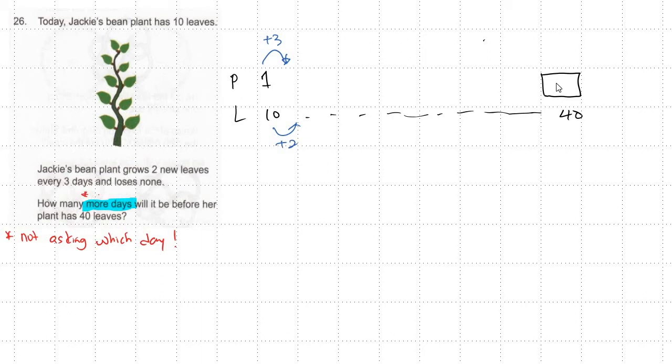Let me put this day as n, because by the time you have 40 leaves, it is n days already. Then here there's a jump of 2, here's the jump of 3. So I take this minus this, divide 2. This 2 is because of this.